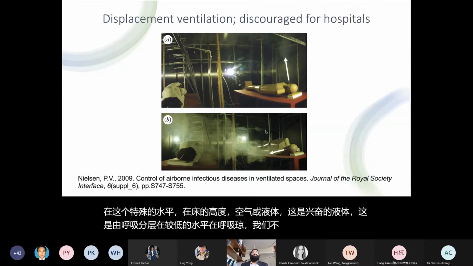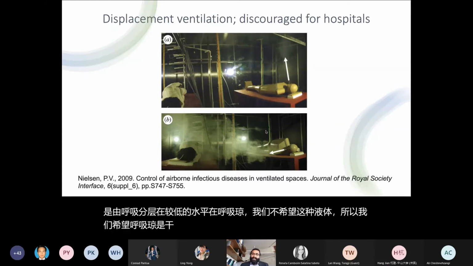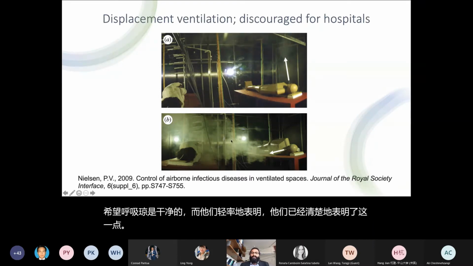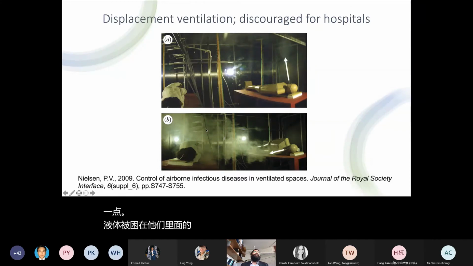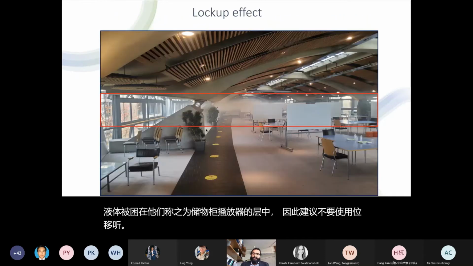We want the breathing zone to be clean, whereas they have clearly shown that this fluid gets trapped in a layer which they call the lockup layer, and therefore displacement ventilation was discouraged in healthcare settings.